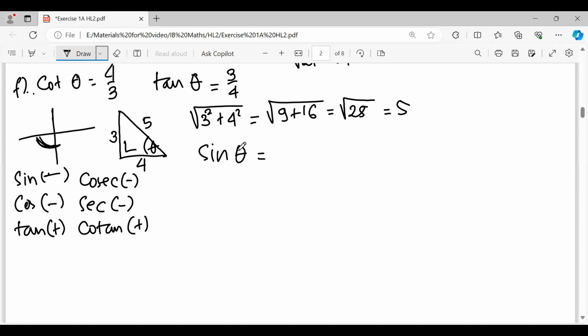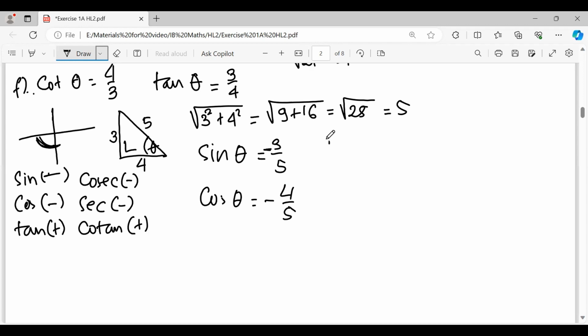Sine theta, 3 over 5, and sine is negative. Cosine theta, negative 4/5.